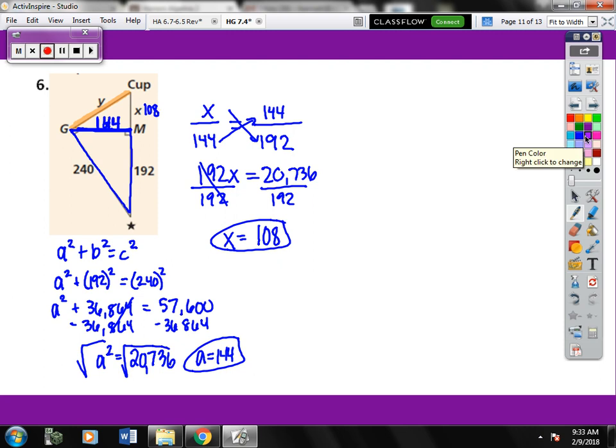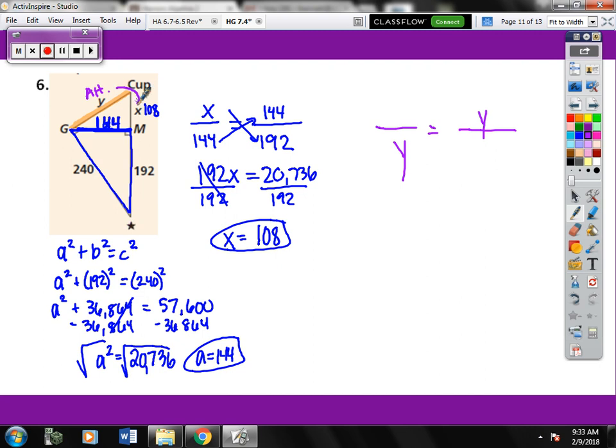Now the last thing we have to find out is what y is, and you have 2 options. You could do the Pythagorean theorem with the big triangle if you want to, but we can also use the geometric mean. So this is an altitude, y, so it will go in our geometric mean slots 2 and 3. Now again, when you're picking what goes in the other slots, it's pieces of the hypotenuse.